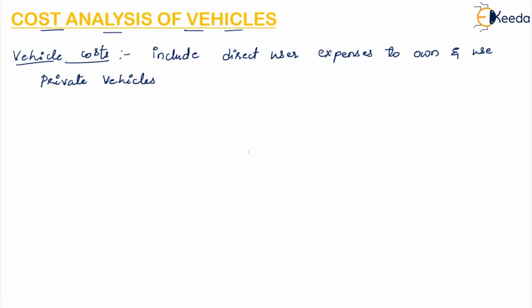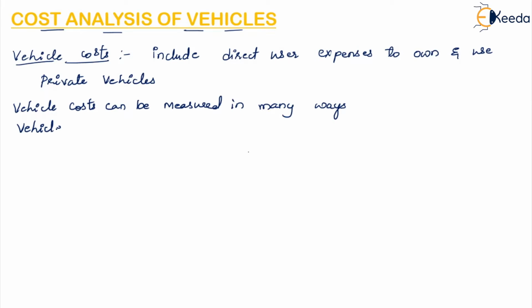So vehicle cost can be measured in various ways. So we can measure this vehicle cost in many ways. So what are those ways? That is, vehicle mile. So what is the mileage this vehicle is giving? Then vehicle passenger.